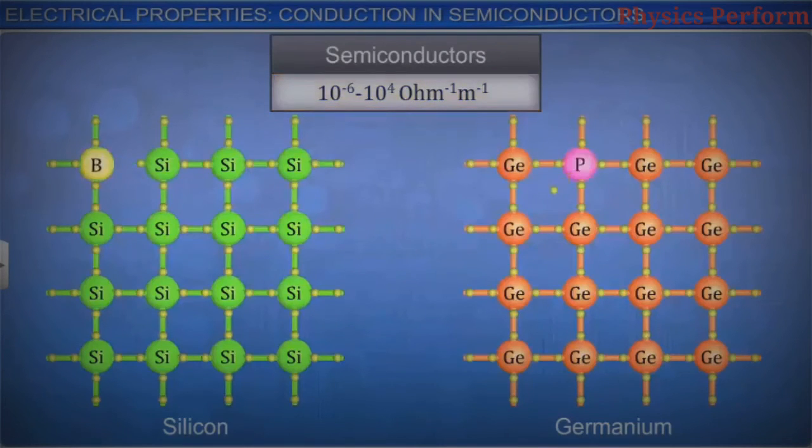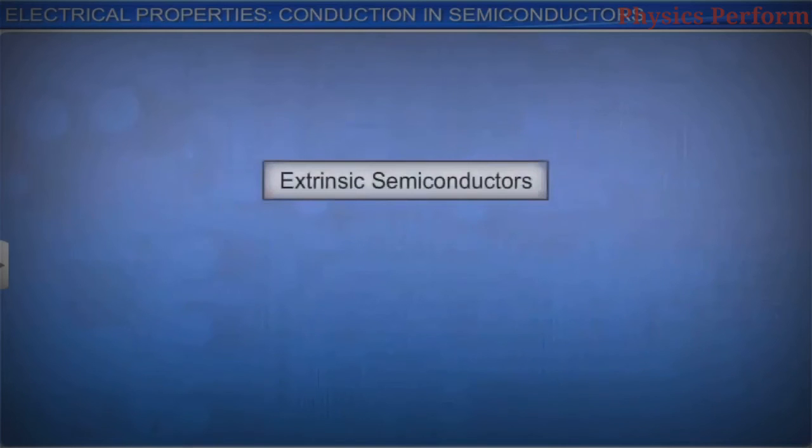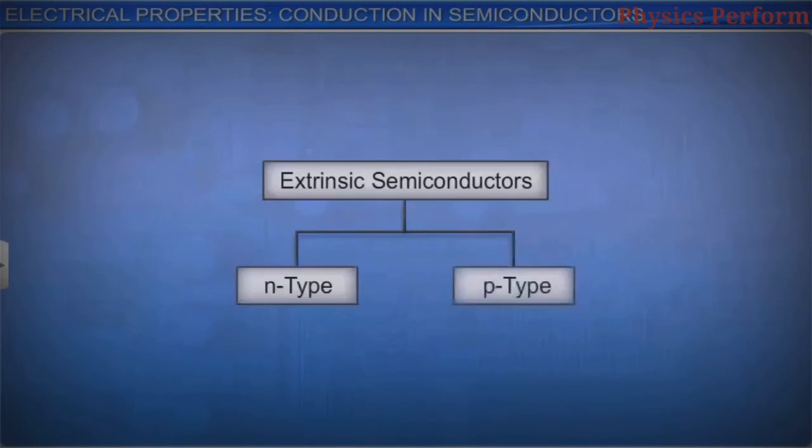The addition of a small percentage of foreign atoms to a regular crystal lattice of an intrinsic semiconductor, like silicon or germanium, produces dramatic changes in its electrical properties. Such impurities introduce electronic defects in the semiconductor and produce an N-type or P-type semiconductor.